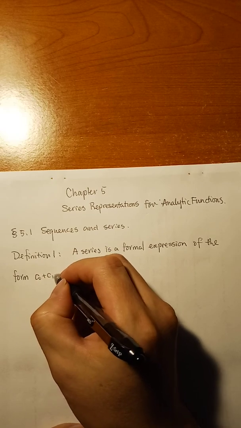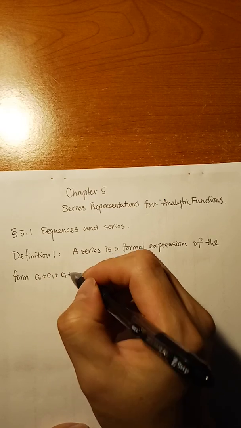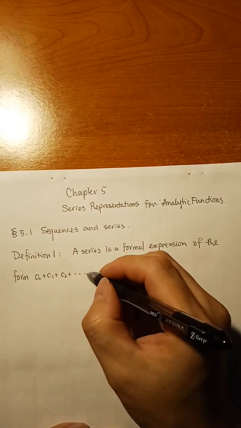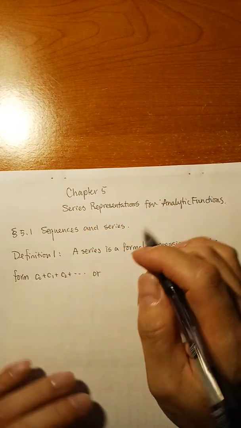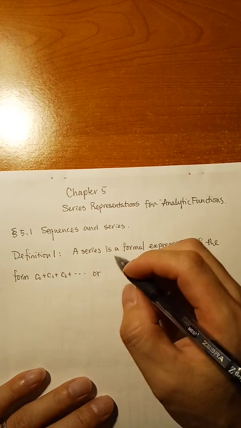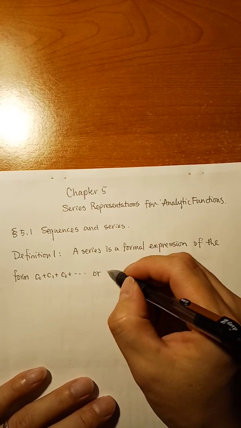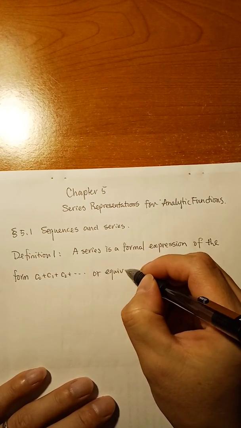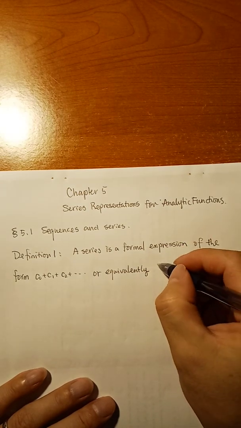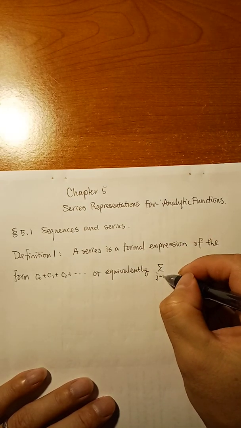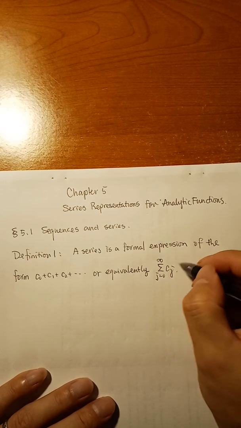C0 plus C1 plus C2 plus dot dot dot. Or equivalently, here is a long form. Or equivalently, we write it in sigma notation, j from 0 to infinity, Cj.